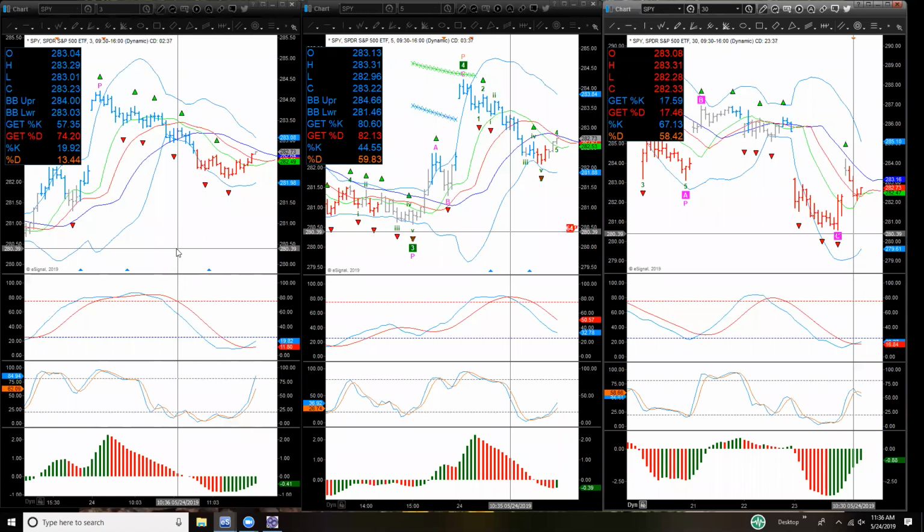So the action I decided to take was to sell to open, so we hold the July 286 call, I decided to sell to open a July 290 call. And why did I do that?